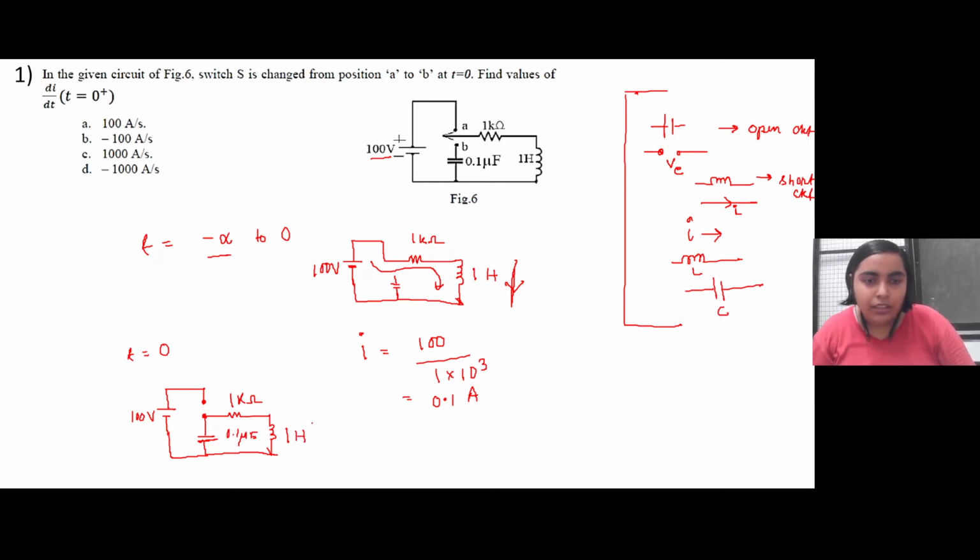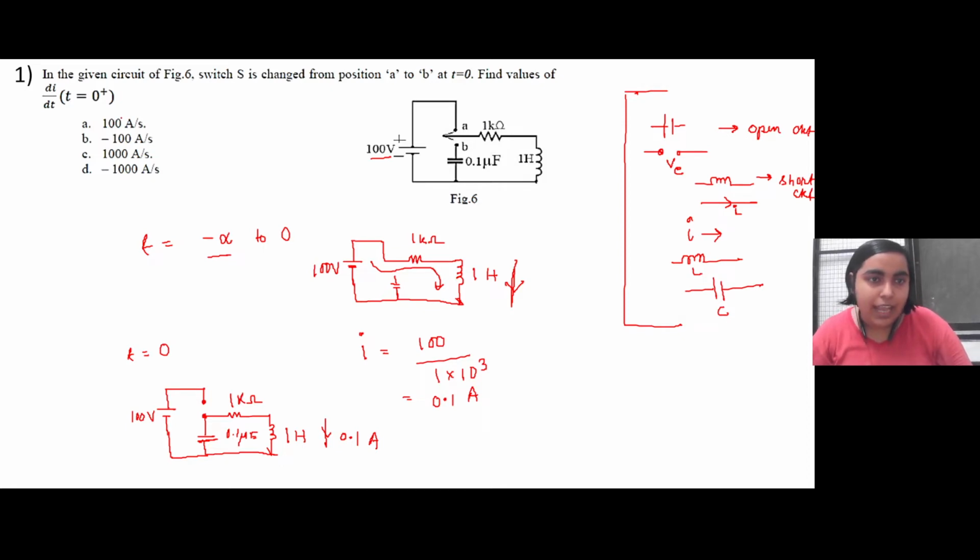Now see, a current of 0.1 ampere was flowing through this particular inductance, right? And the inductance will oppose the change of current. As soon as the voltage source has been disconnected from this circuit, the inductance will try not to change this current.